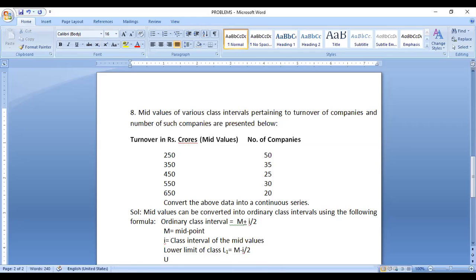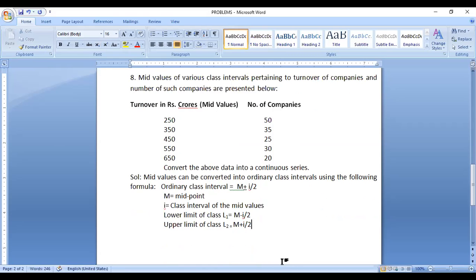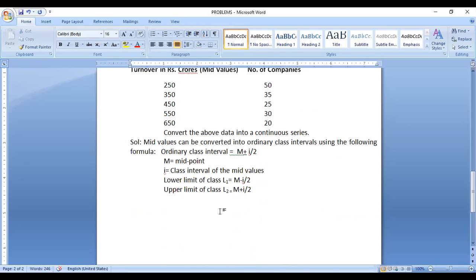Upper limit of class, that is L2, is equal to m plus I by 2. So what does it mean? We will see. Okay.